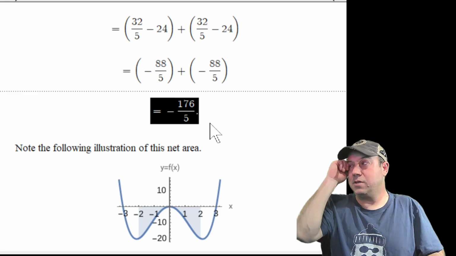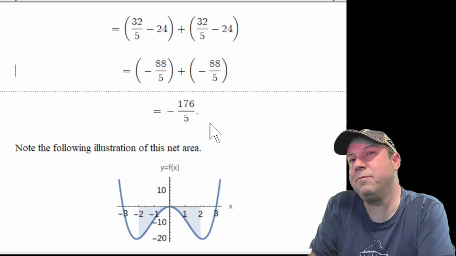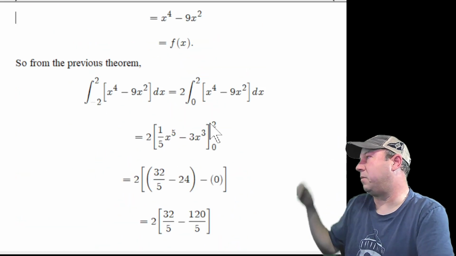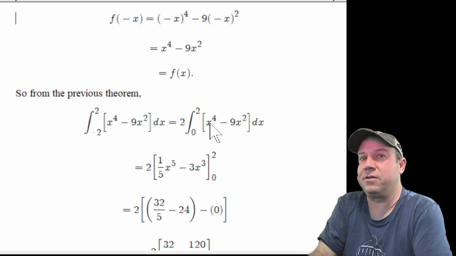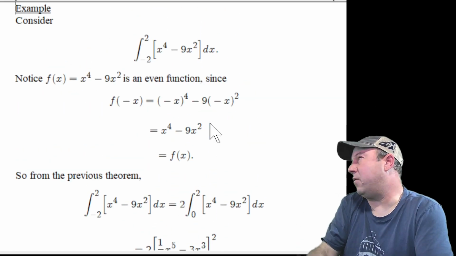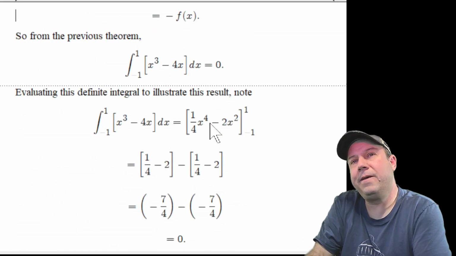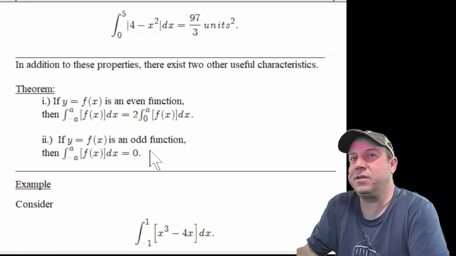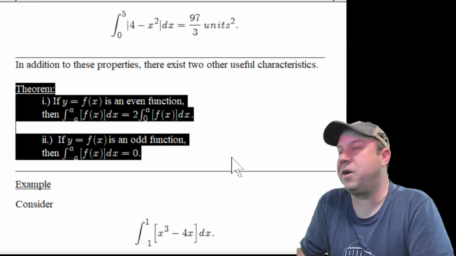All right, folks. These are just some properties and more examples of working with the fundamental theorem of calculus and definite integral calculations and how it all relates to net area. We did present ourselves with two new ideas here in the second theorem for even and odd functions.